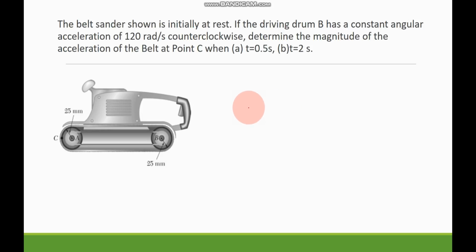So this is the belt sander, and it has a constant angular acceleration of 120 rad per second squared in counterclockwise direction. So that is the direction of our belt. So, we will determine the magnitude of the acceleration of the belt at point C.